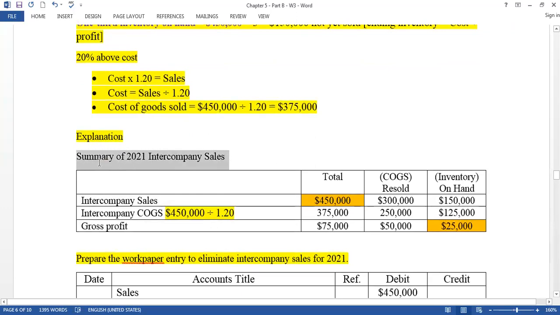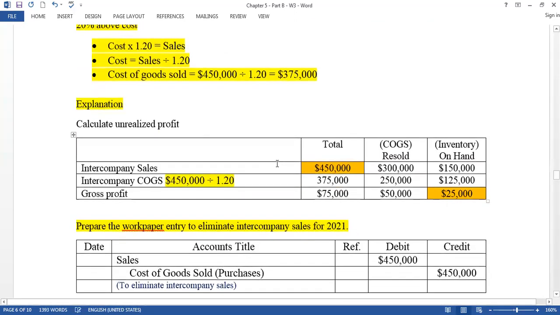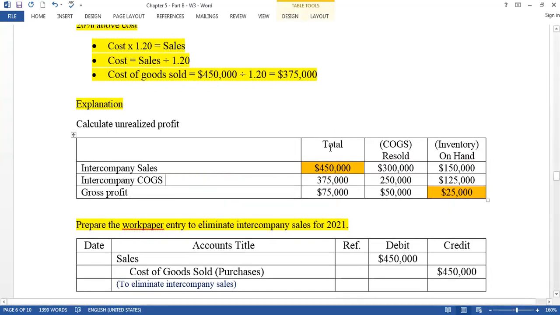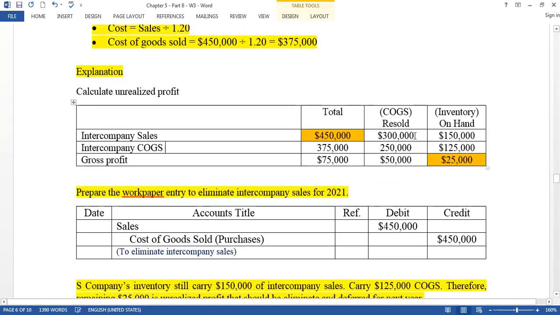Now this part, calculate unrealized profit. So this table is going to show you the unrealized profit. For example, this number is missing.